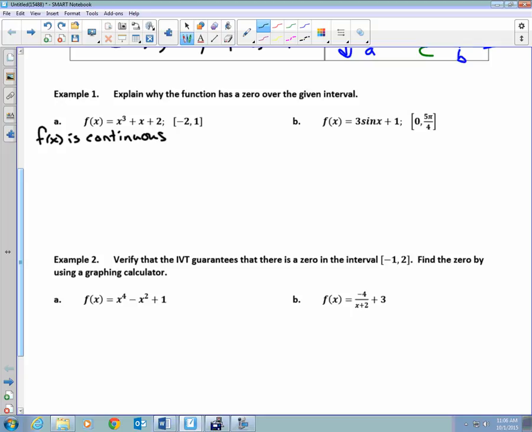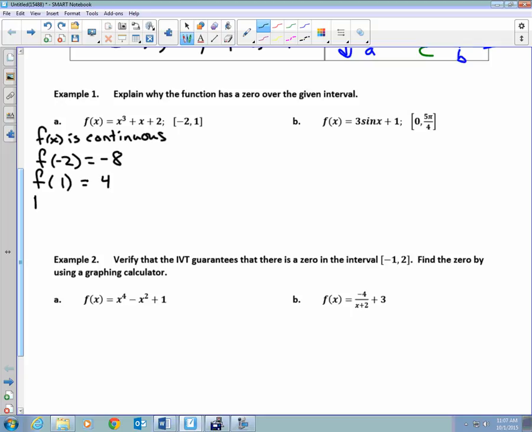Here we go. First, I would identify what f of -2 is. Anybody, what is f of -2? -8. What is f of 1? 4.